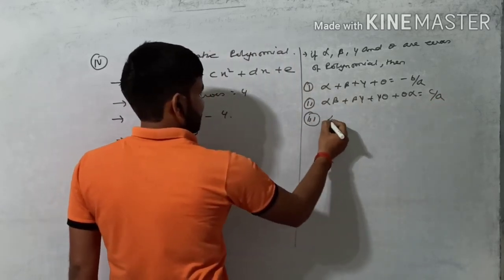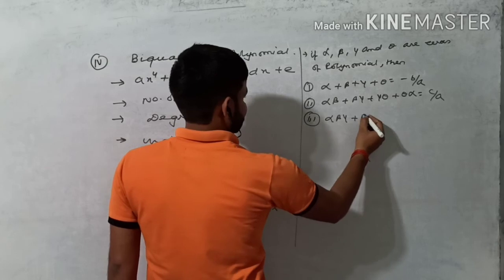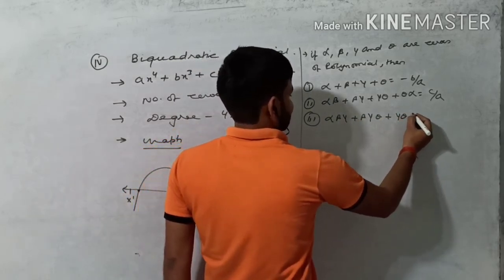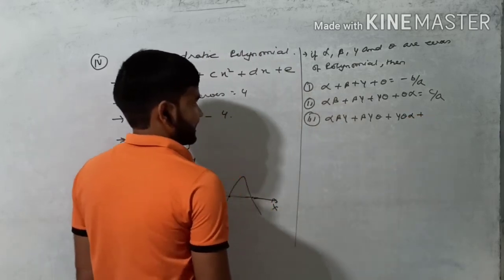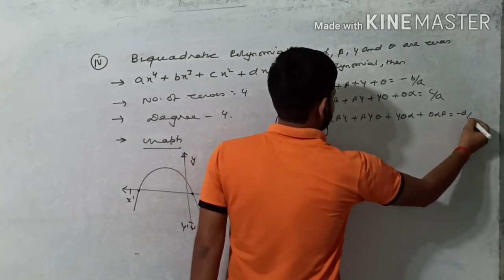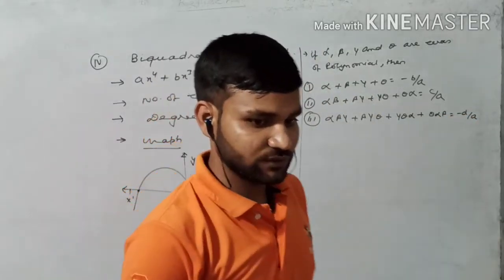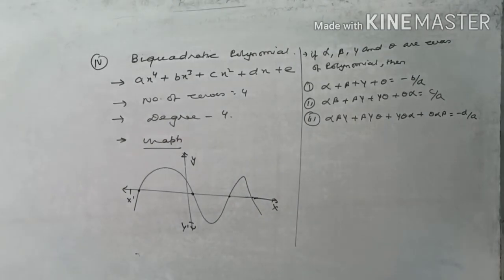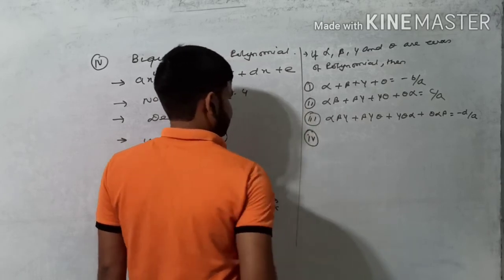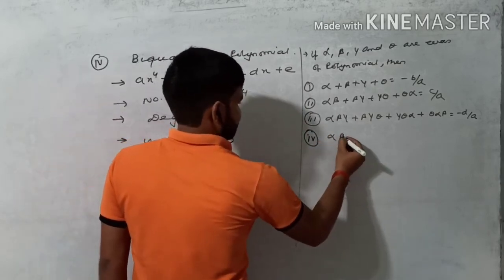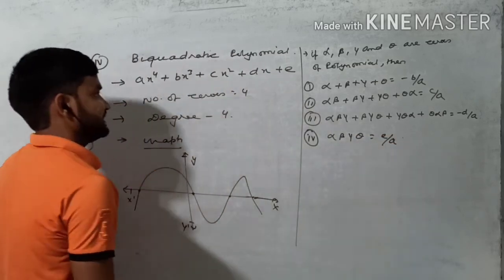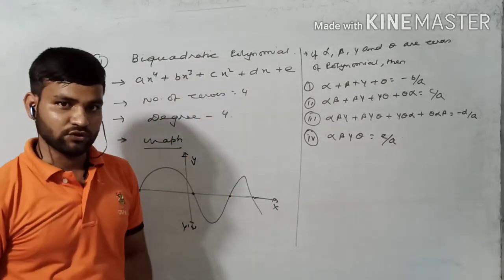Third is alpha beta gamma plus beta gamma theta plus gamma theta alpha plus theta alpha beta equals minus d by a. And fourth is alpha beta gamma theta equals e by a. These are the relations for biquadratic polynomial.